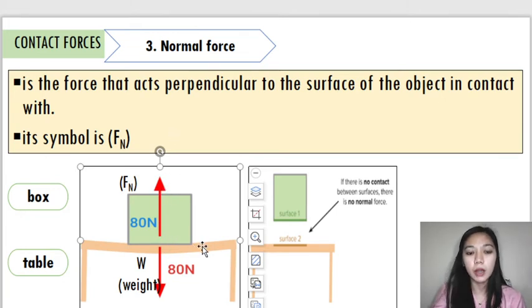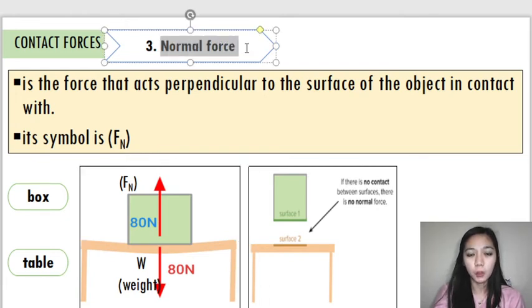And ang purpose ng normal force is to counteract the force na nare-receive ng table o the force na nare-receive ng other object. So, dito, kung yung box natin ay may bigat at pinupush niya yung table downward because of the weight, ang gagawin naman ng table ay ipupush niya upward yung box by exerting a normal force.